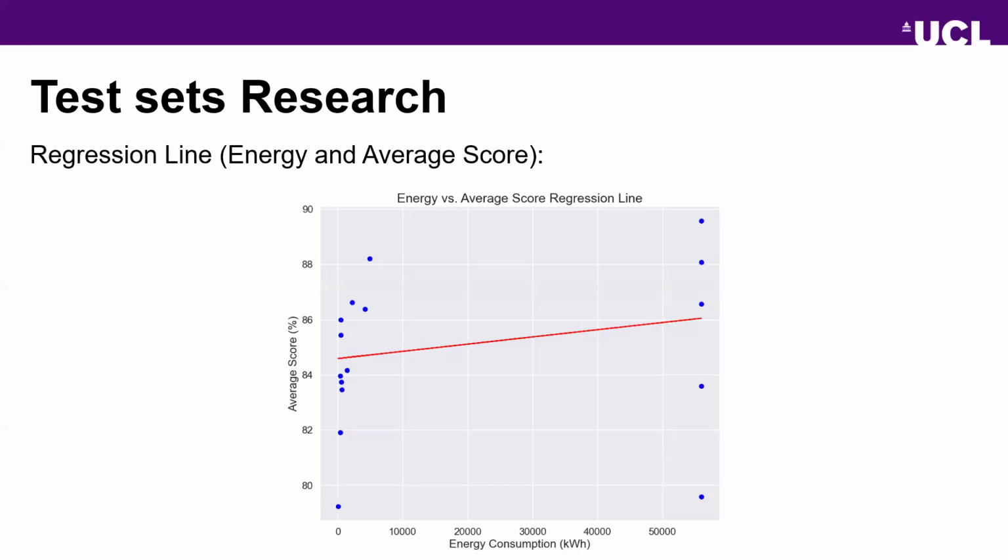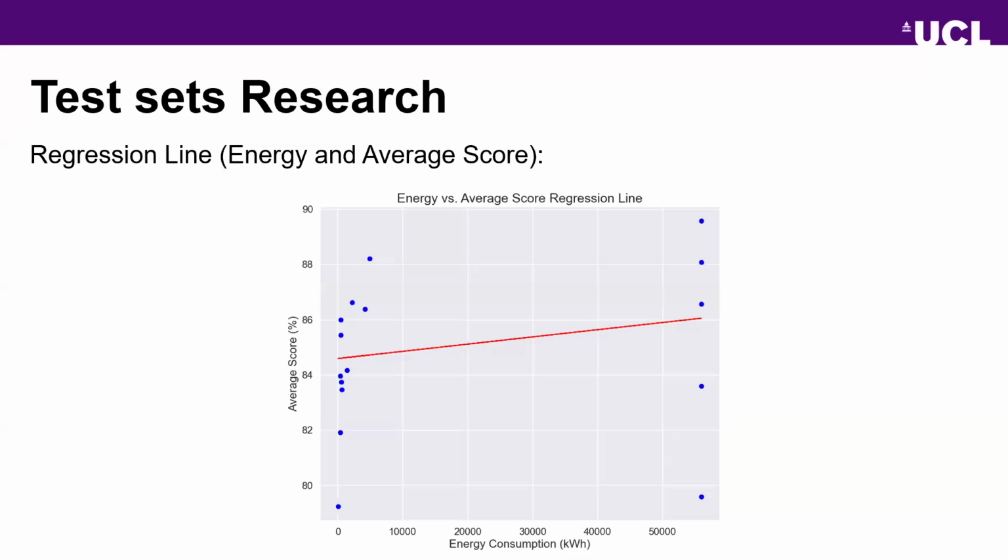I think I need more data to do the linear regression. Why is there such a discrepancy in energy consumption? There's below about 9,000 and then above about 55,000, with nothing in between. Do you understand why?